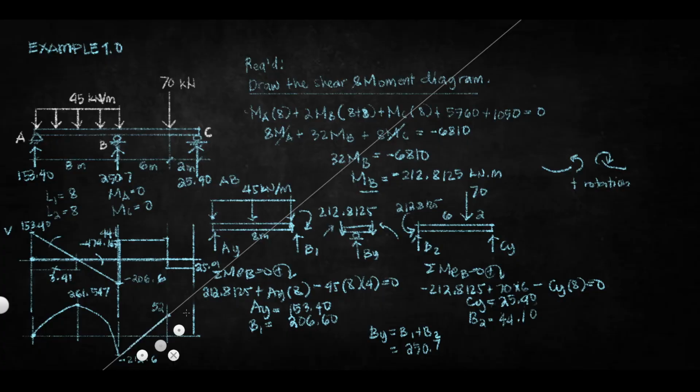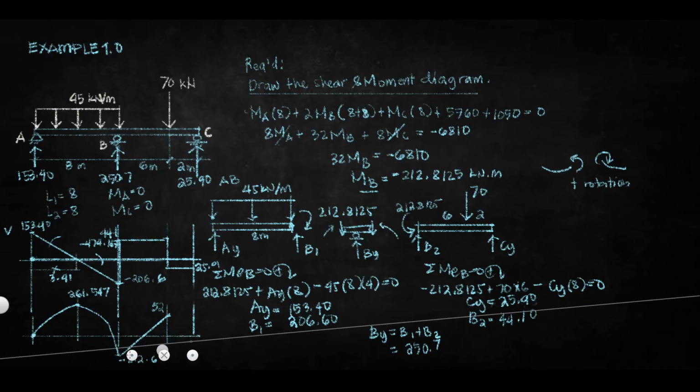And then, after that, lastly, we need this value, 25.90 times 2. So, magiging 51.8. Approximately po, no? Approximately equal to 0.